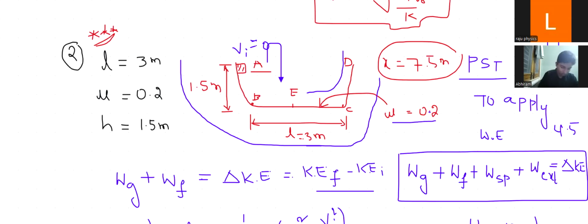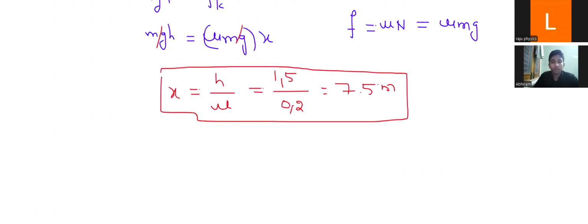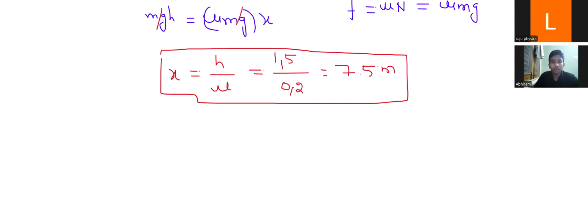You can locate it like this also, no problem. So your answer is 7.5 only. 7.5 is equal to 3 plus 3 plus 1.5. Plus 1.5.